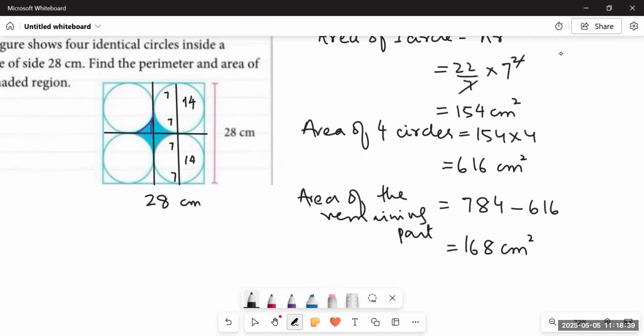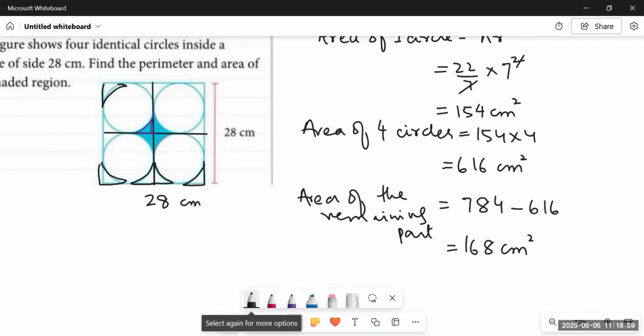But if we look at the figures that are remaining, they are all similar. You see, all of these shapes are similar. So we can see that the outer part is divided into 1, 2, 3, 4, 5, 6, 7, 8, 9, 10, 11, 12, 13, 14, 15, and 16 sort of triangles.